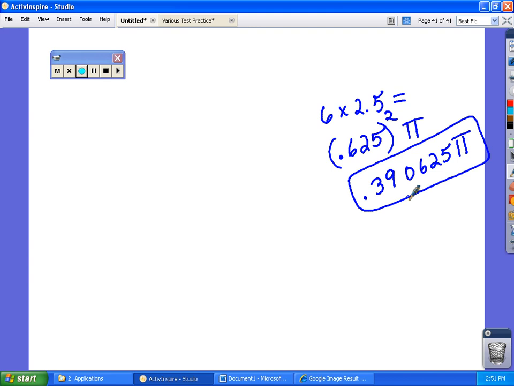So it basically asks what is the probability you're going to land on George. So the probability you're going to land on George would be this number right here, that's the number at the top, and you're going to divide that by 6 times 2.5, which is 15.